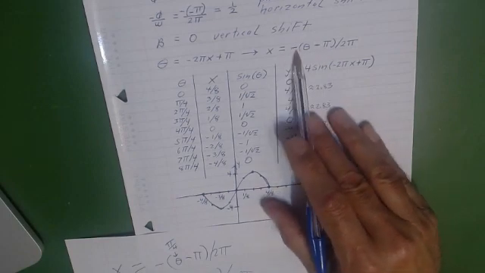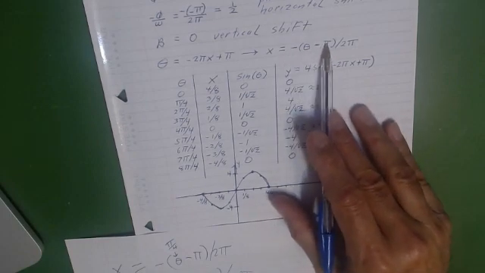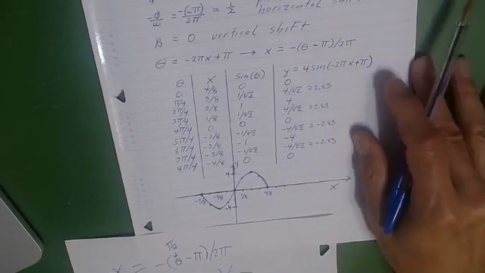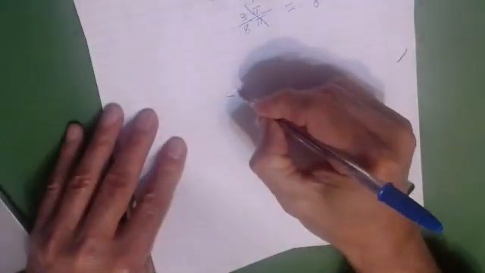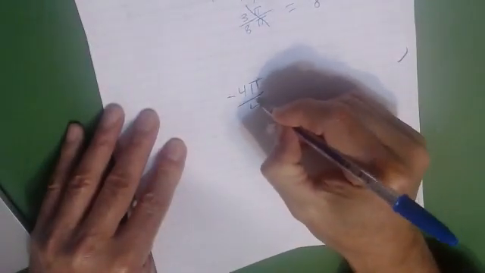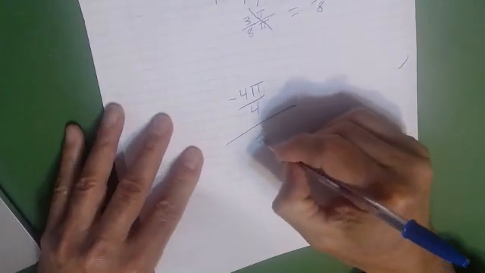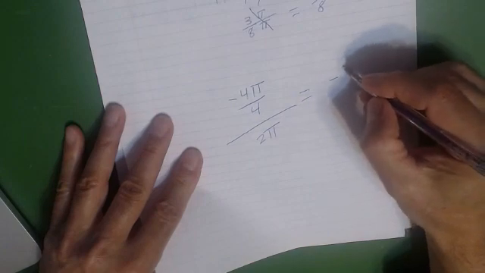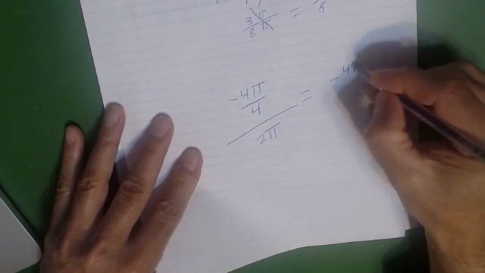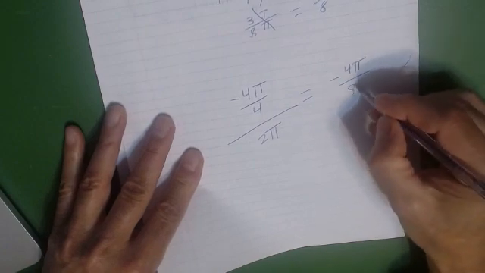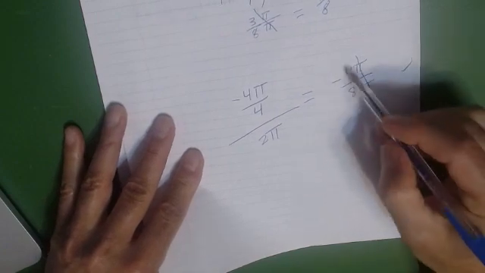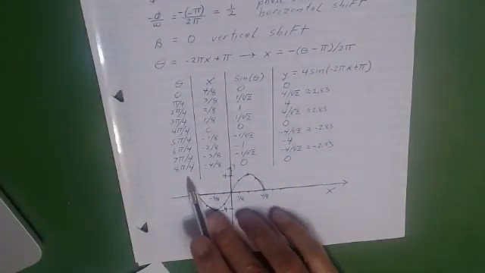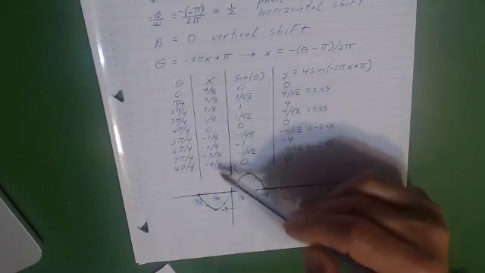And then it's negative though, so negative 4 pi over 4 divided by 2 pi equals minus 4 pi over 8 pi. And those cancel, so we should get minus 4/8 or minus a half. And that's what we got, so we know our pattern was right.